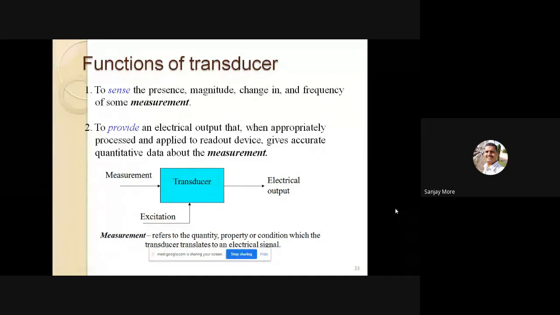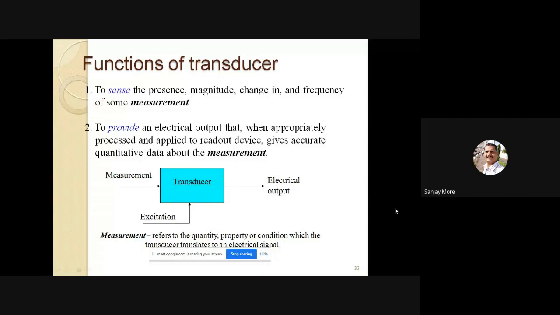So the function of a transducer is to sense the presence, magnitude, change in, and frequency of some measurement. This sensed value or input is transferred to provide an electric output that, when appropriately processed and applied to readout devices, meaning display devices, gives accurate quantitative data about the measurement. So what does the transducer do?